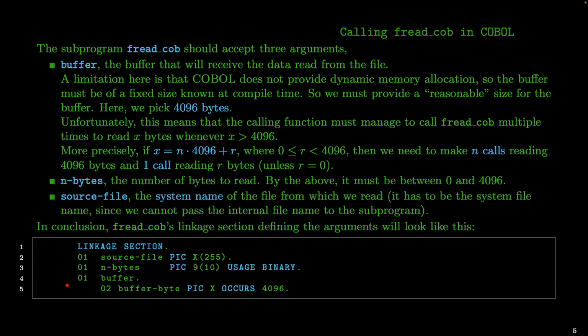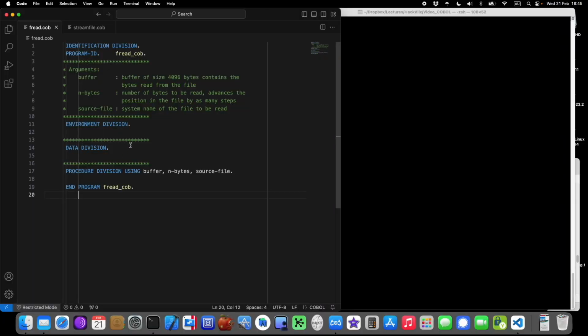So let's start writing our subprogram with this linkage section. So here I have the outline of fread_cob, already the comments on what arguments we will use. And in the data division, I have to implement the linkage section.